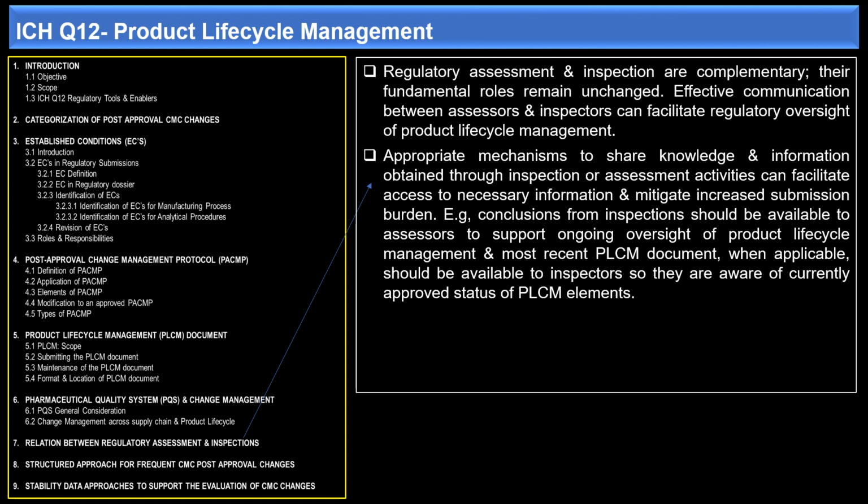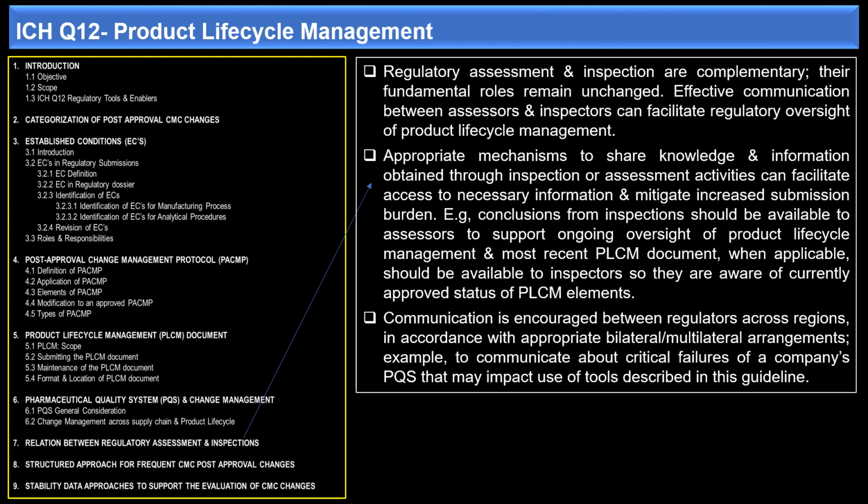Appropriate mechanisms to share knowledge and information obtained through inspection or assessment activities can facilitate access to necessary information and mitigate increased submission burden. For example, conclusions from inspection should be available to assessors to support ongoing oversight of product lifecycle management, and the most recent lifecycle management document should be available to inspectors so that they are aware of the currently approved status of the lifecycle management elements.